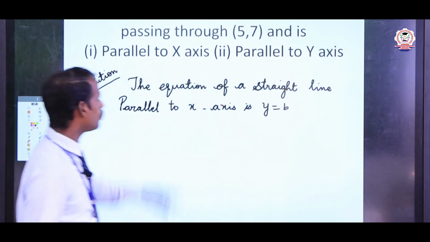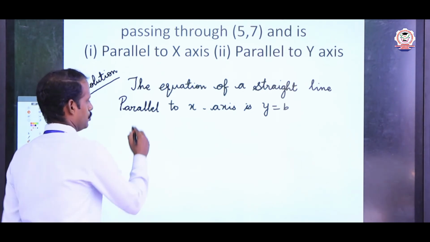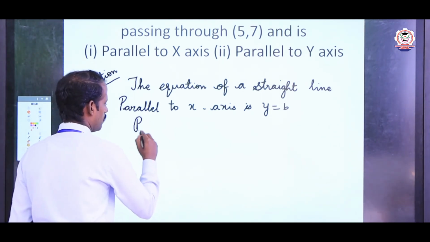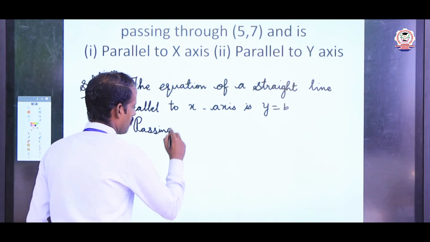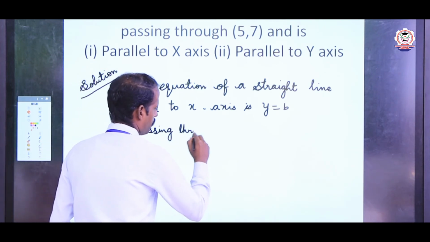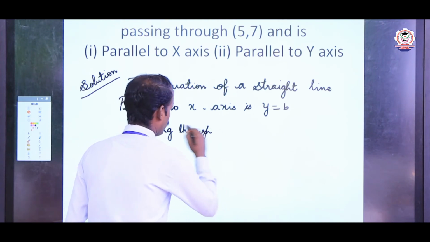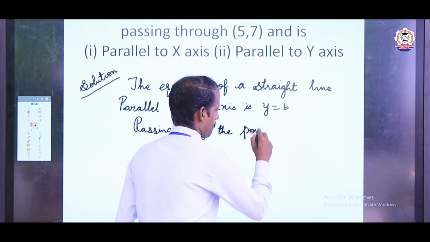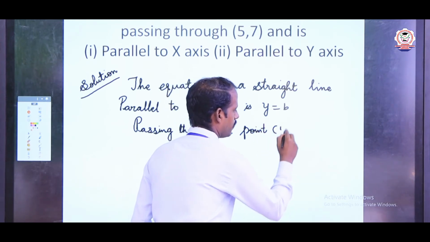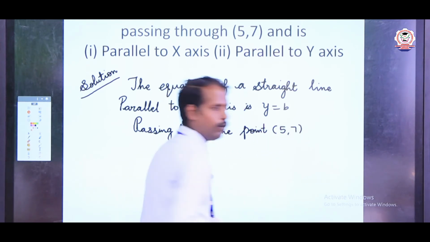Now it passes through the point (5, 7). So here apply the values. What is the value of x?